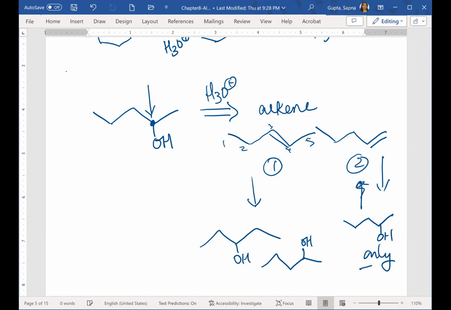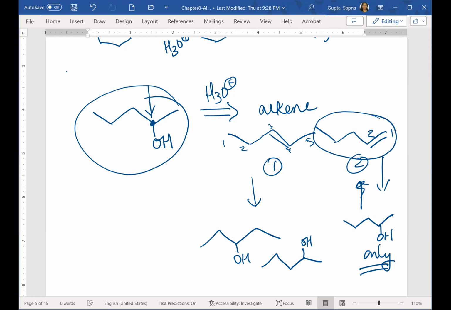This is the only product you're going to get. In the first one, both of the carbons 3 and 4, they're equally available. There's no preference. But in carbon number 1 and 2, in the second one, they're not equal. Okay, carbon 2 is preferred. So if this is the alcohol we want to make, then this is the alkene we should use.